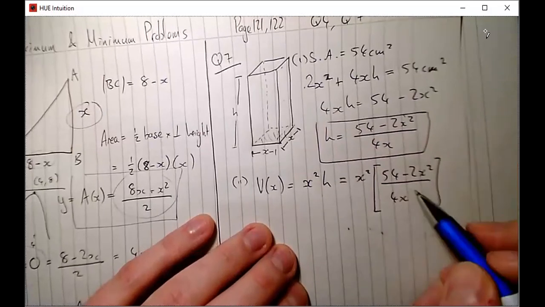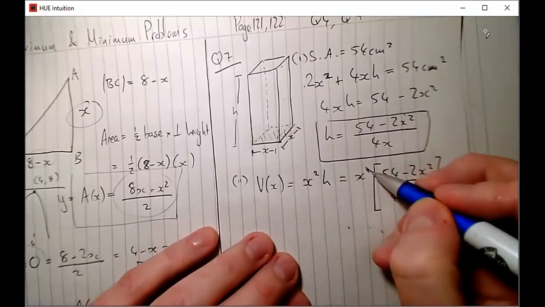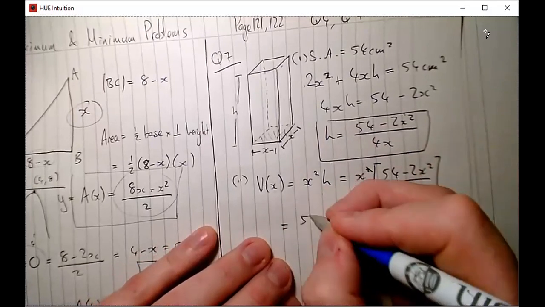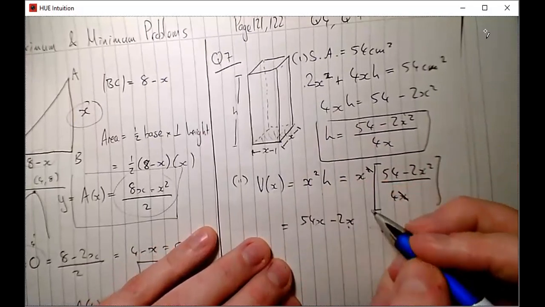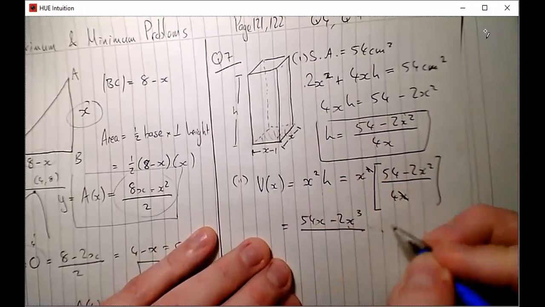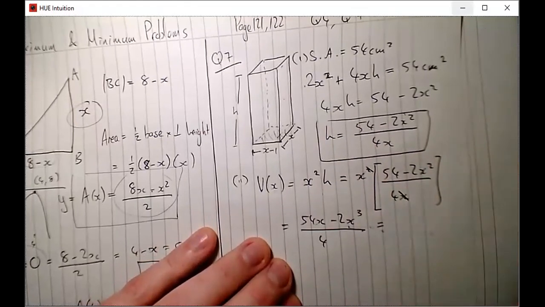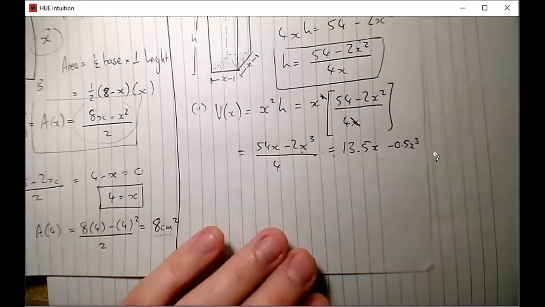So that's the volume given as a function of x. We've got x's that can cancel here, and if I multiply that out, I'm going to get 54x minus 2x cubed divided by 4, which can also be written as 13.5x minus 0.5x cubed.